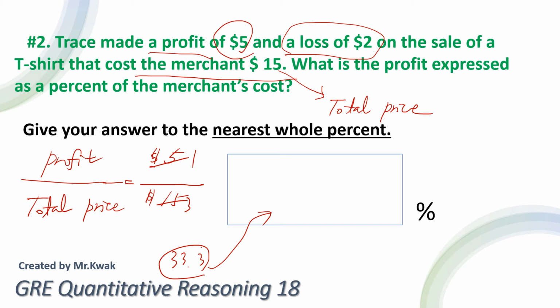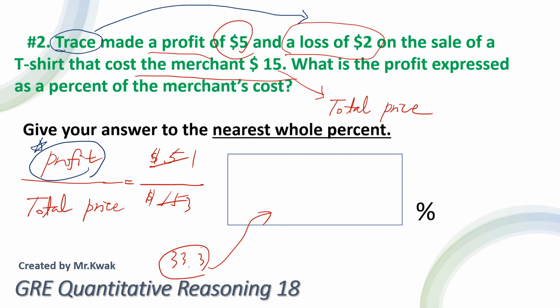that's why we have to be careful when we get a numeric entry question, because there are no choices. So when we read a question, if we misunderstand minor things, our answer could be incorrect directly. So guys, the profit is important, because in this question Trace also had a loss.